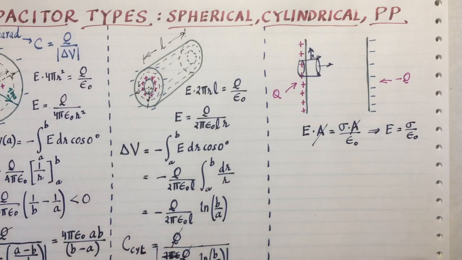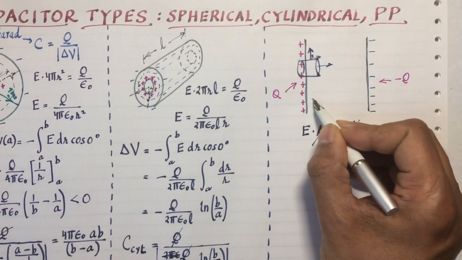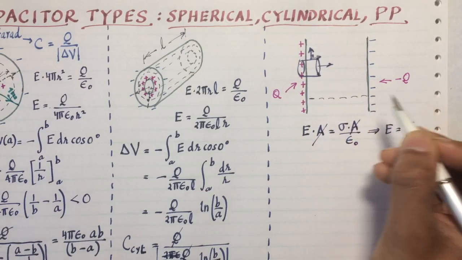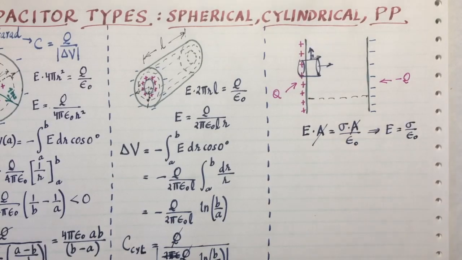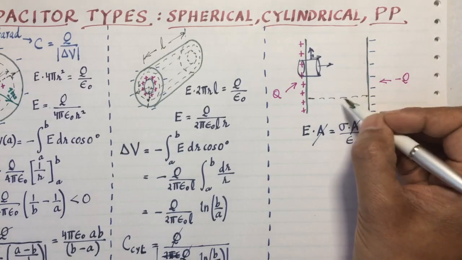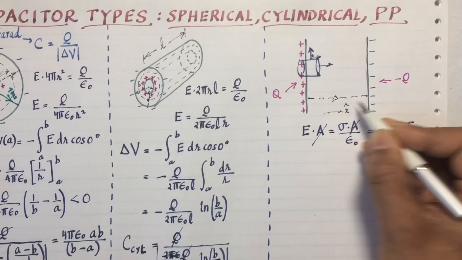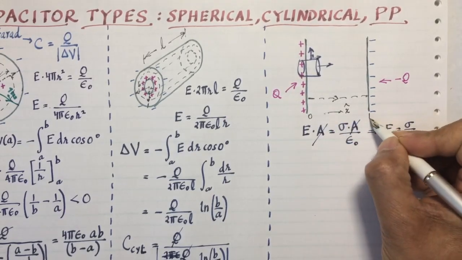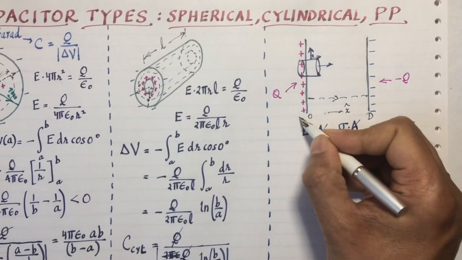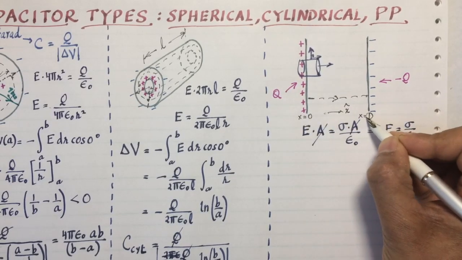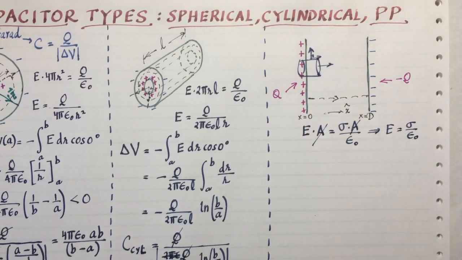For the voltage difference, you will go from here all the way to there along this path, and since this is one dimension, I'll just call this the x direction, x hat. I'll call this x equals 0, and that plate location is at x equals capital D. Capital D is a notation for the distance between the two plates of a parallel plate capacitor.